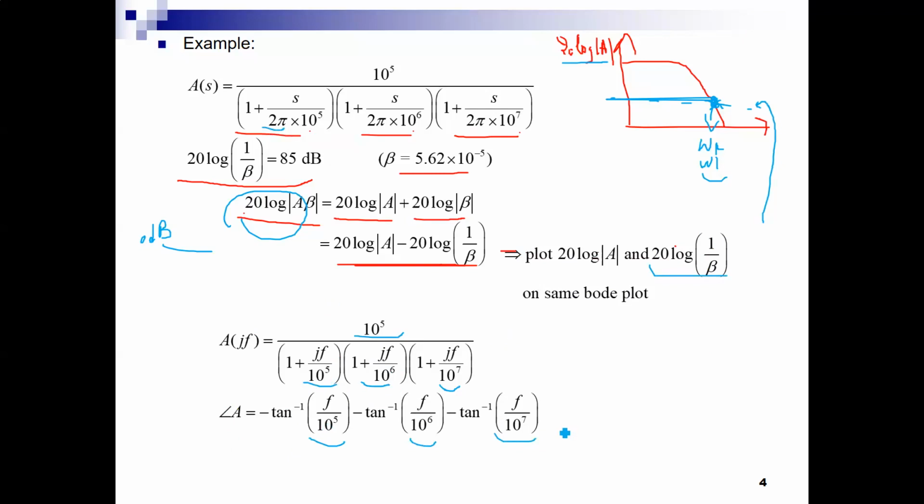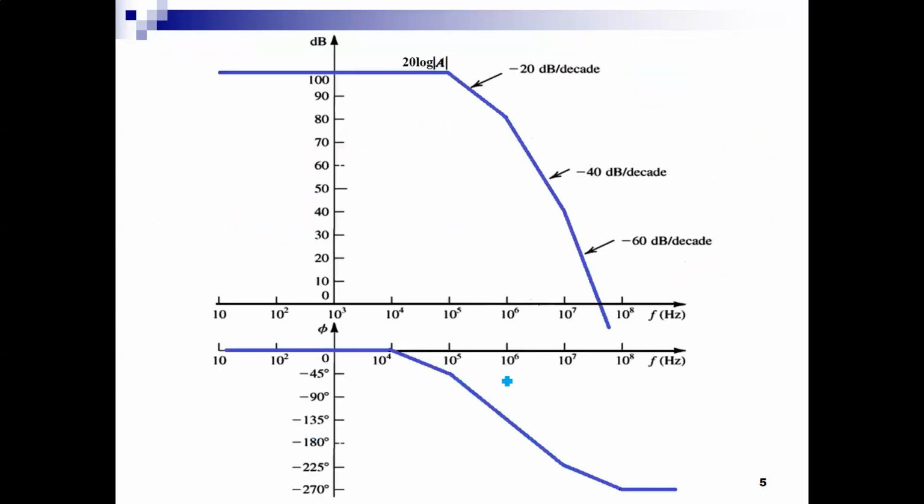For any frequency, I get the phase from this equation. It's going to draw it for me and I know how to draw the magnitude of it. Only for the 20 log A magnitude plot, and only for the A phase plot, sorry, and it's going to draw the line of 20 log 1 over beta, and next time we will comment on how we draw it, just as a refresher, and add the explanation.